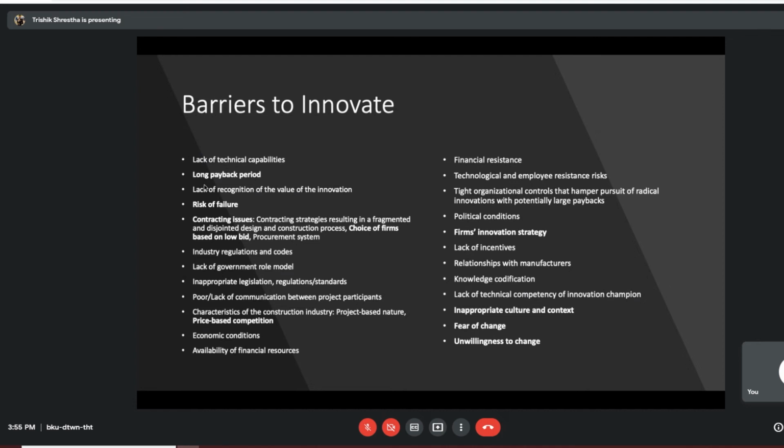Just an add-on to what I just said, based on low bids, right? We select the companies that have the lowest bidding amount. We give the contracts to the companies that will do our project for the minimum amount.